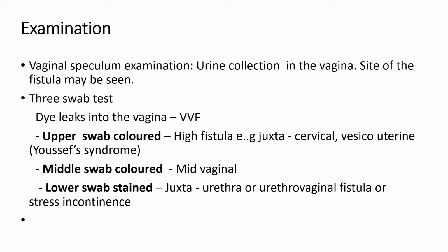Then you do an upper swab if you're trying to get a vesicouterine fistula, because the urinary bladder is actually above, and there's a connection between the uterus and the urinary bladder. So the type of swab you do will help you in getting the samples required to run the test you want to run, depending on the type of fistula involved.